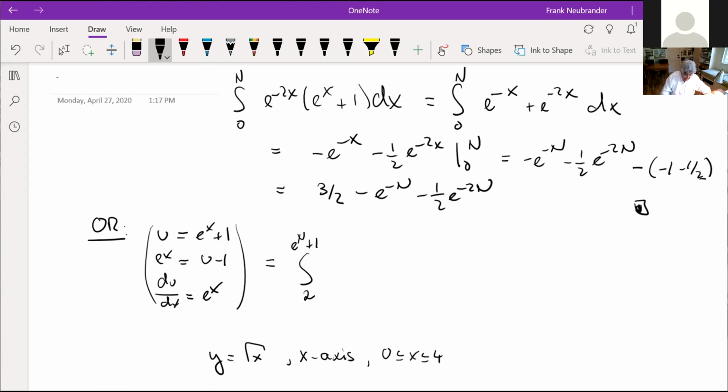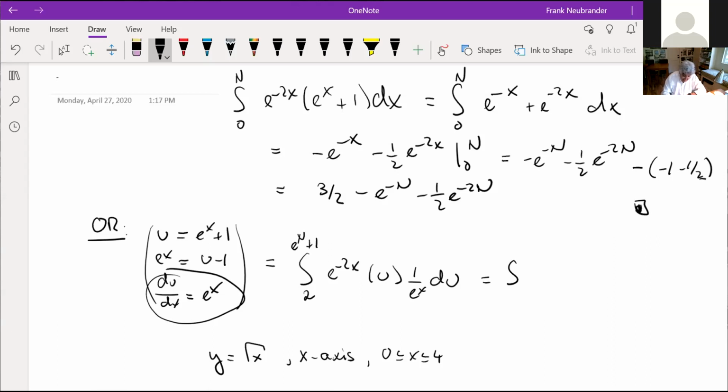It's e to the minus 2x. I leave it because I don't know what to do with it at the moment. Then I have here u, and dx is the same as 1 over e to the x du. Solving this, dx is 1 over e to the x du.